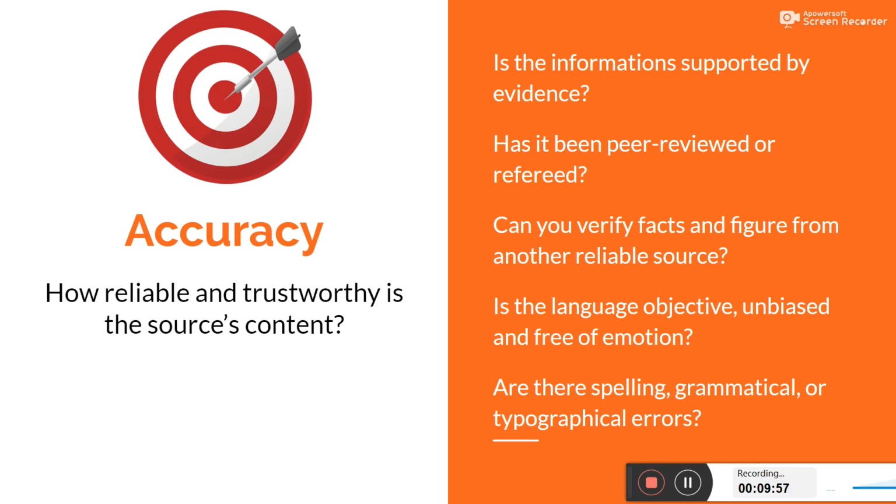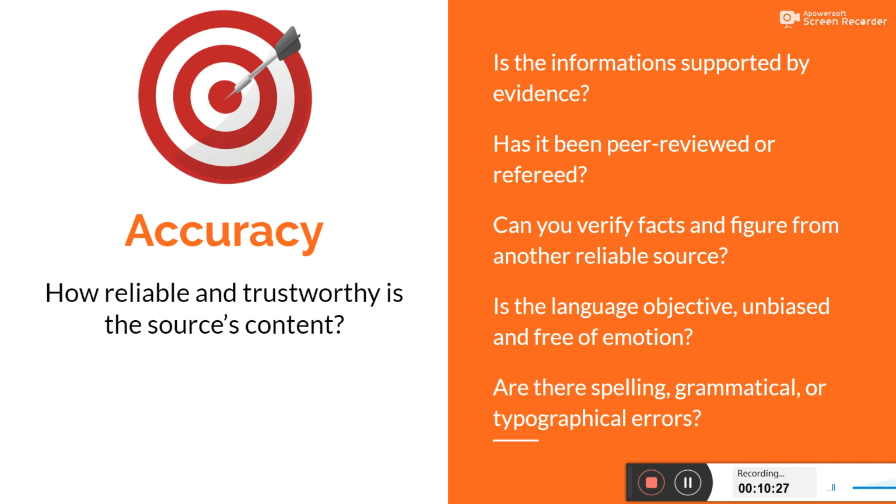And also watch out for websites that have a lot of spelling and grammatical errors, typographical errors. Usually websites like that are not professional, and with websites that are not professional, you have to be careful about whether or not you should trust them, because quite often those websites don't use evidence or proof.